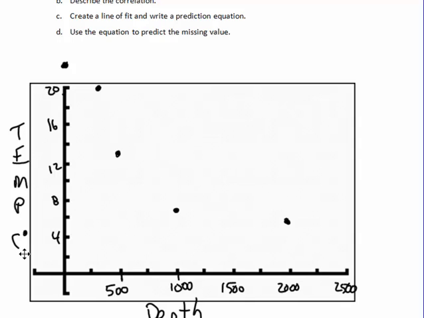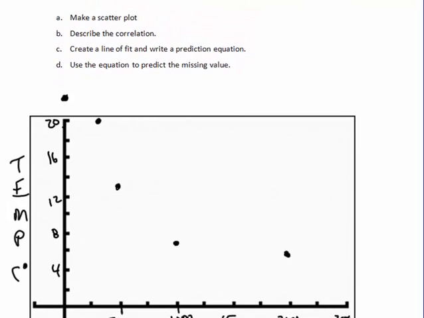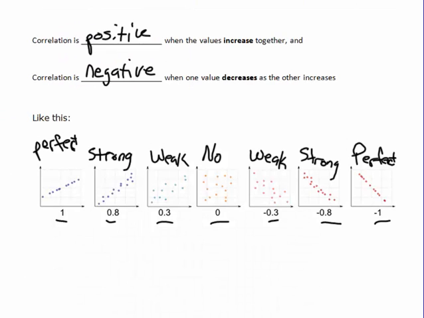So now we can describe the correlation. Well, here's our scatter plot. And we should, in theory, be able to describe our correlation here. Which one of these does it look the most like? It's probably somewhere between weak and strong, and it's more on the negative side, right?